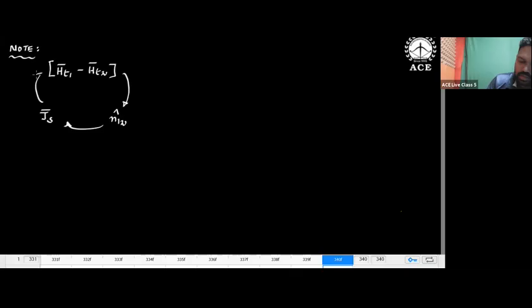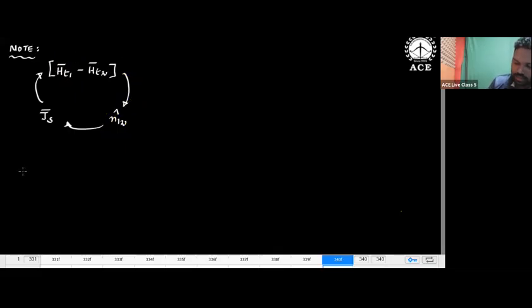What is the note? HT1 minus HT2 vector is equal to N12 cross JS. What is required is a surface current, so I need to take the cross product of these two.